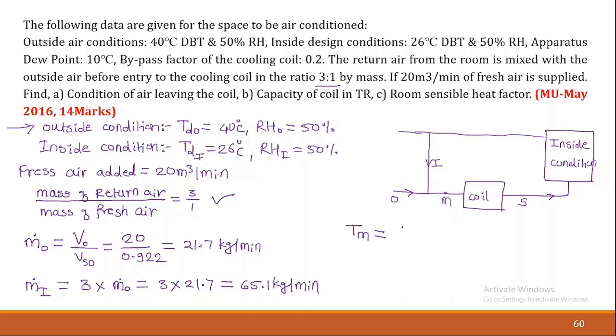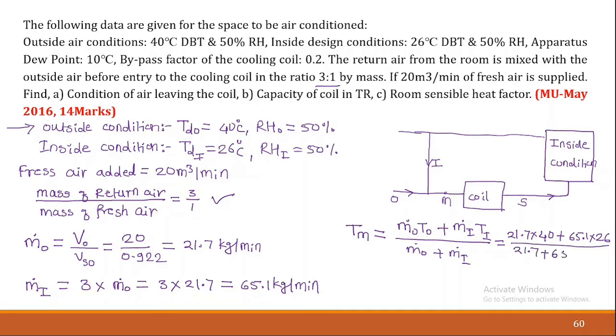That is equal to M dot O into TO plus M dot I into Ti, upon M dot O plus M dot I. So it is 21.7 multiplied by TO, the outside condition of 40 degrees Celsius, plus M dot I value of 65.1 multiplied by Ti of 26 degrees Celsius, divided by the total mass flow rate, 21.7 plus 65.1.